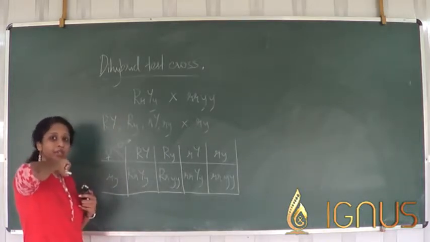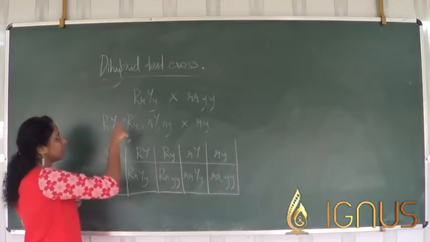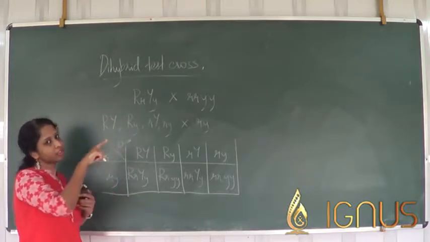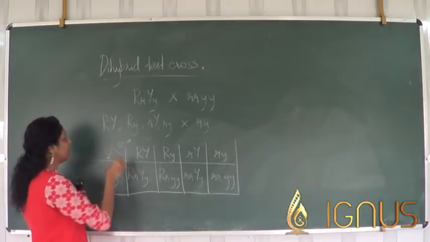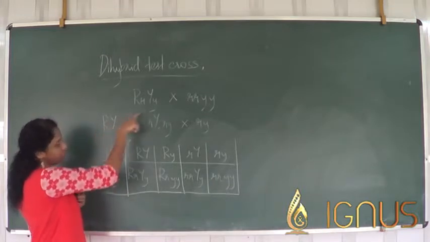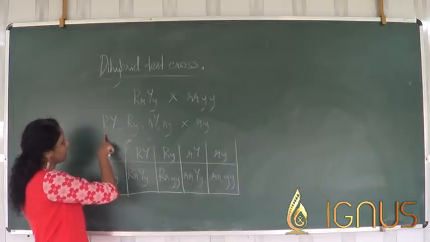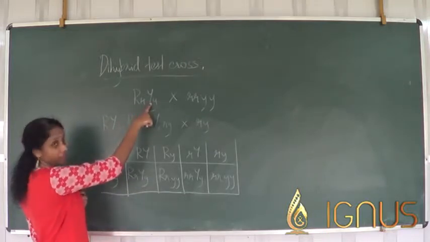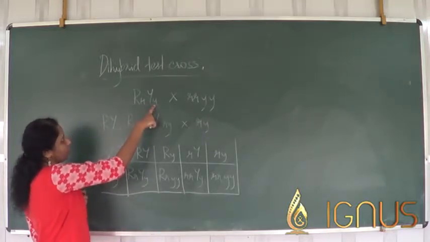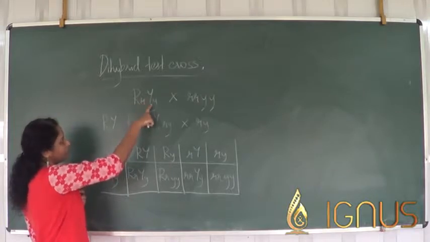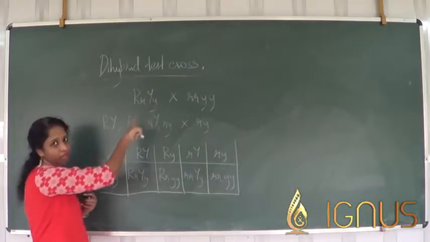Like before, when I was talking about dihybrid cross, the segregation of gametes will occur, and so you have 4 different gametes coming from the F1 plant, which will be capital R, capital Y, capital R, small y, small r, capital Y, small r, and small y.